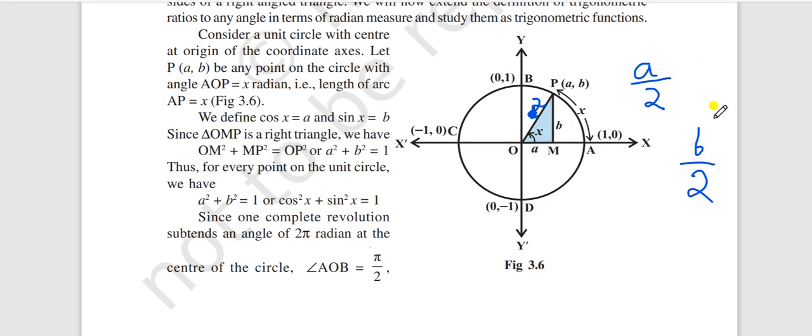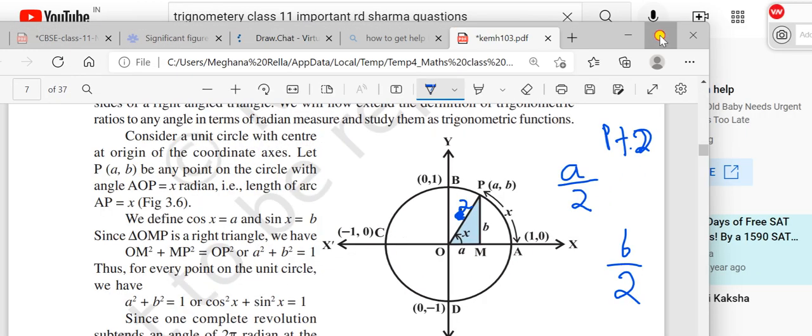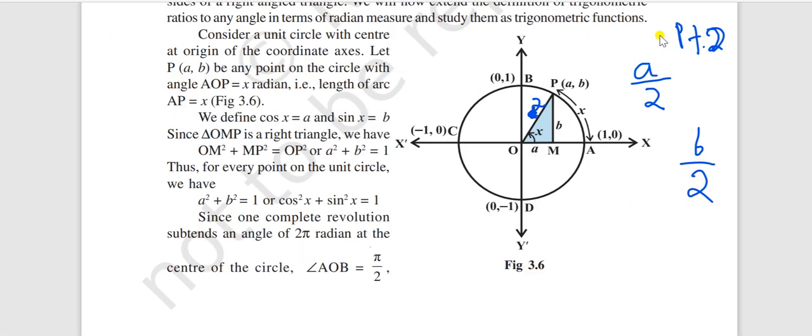If you don't understand why it is a by 2, please watch part 2 of Trigonometric Functions. In that we have explained all of these topics in detail. This series is for weak students who are not able to cope up, because 11th is a big step from 10th, and I understand that.